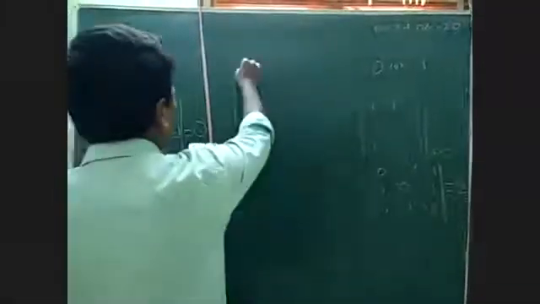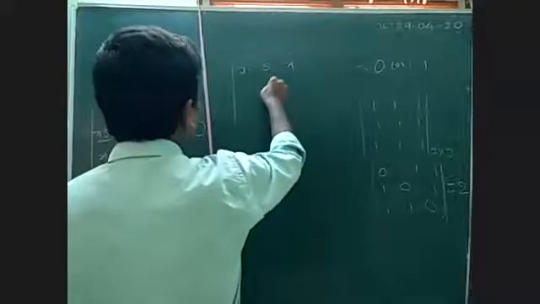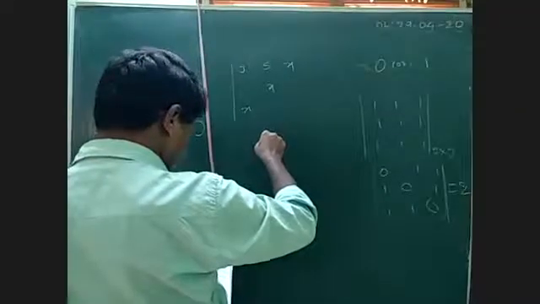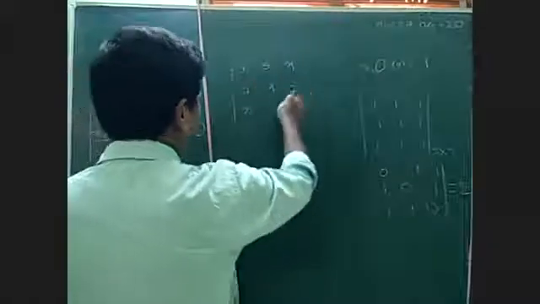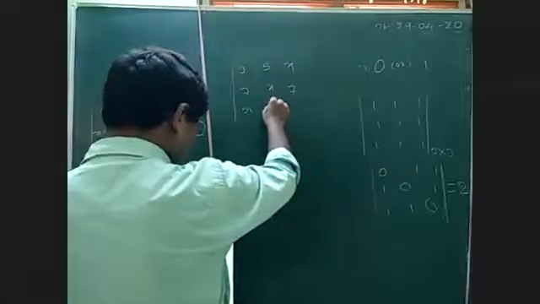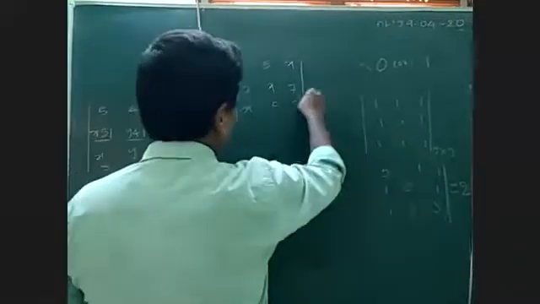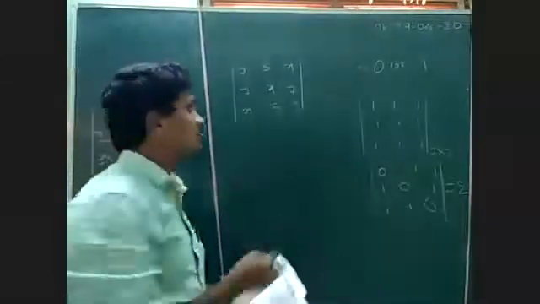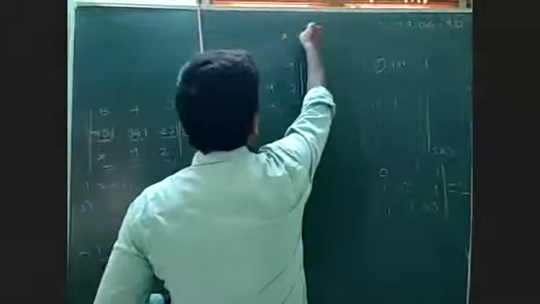The matrix has 3, 5, x, x, x, and the remaining values are 7, 7, 5, 3. One of the roots of this they gave as -10, nothing but x = -10.